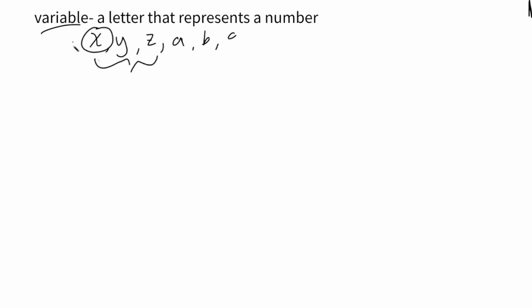It's called a variable because a variable means a letter that represents a number, but it also means it's variable, as in the number can change, but we still want to keep the letter the same because we want to know what it does to the equation when we change it to 2, or what happens when we change it to a 3.